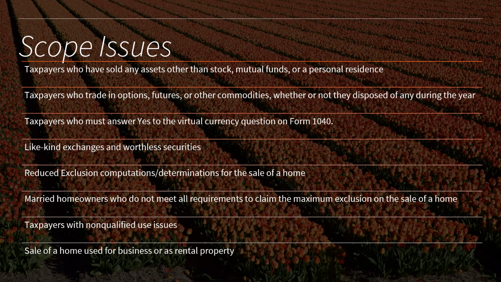And then, of course, if the home was used at any time for business or as a rental property, that would result in depreciation issues. And we've talked about before, we don't do depreciation through VITA. So again, we would tell our taxpayers that they need to see a paid preparer for the year.